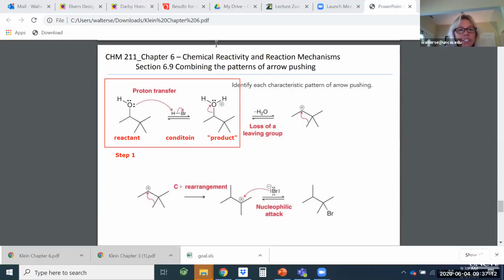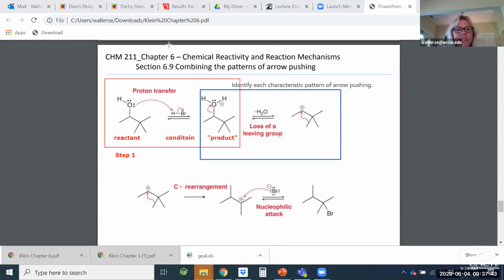In the first step that's happening, a lone pair of electrons is going to grab a hydrogen that breaks off from a bromine. So this hydrogen is partially positive due to the polarity of the bond. So that step 1 is a proton transfer. So the arrows involve the reactant of step 1. Step 2 is going to take what had been the product that is now the reactant.